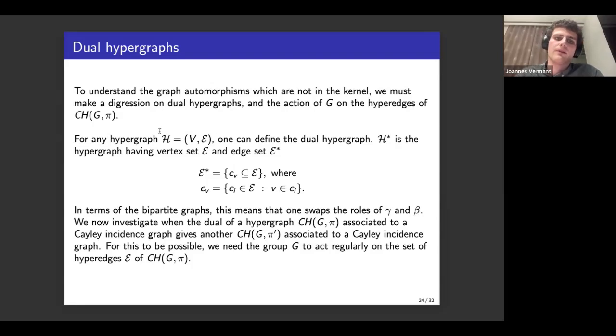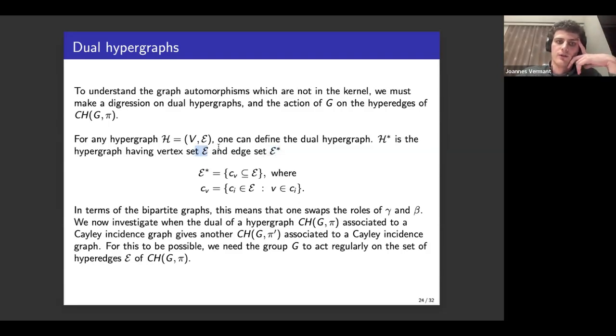So for any hypergraph H, one can define a dual hypergraph, which has the same incidence graph, but one basically swaps the roles of the vertex sets and the edge sets. So this dual hypergraph H star has vertex set E, and it has edge set E star.